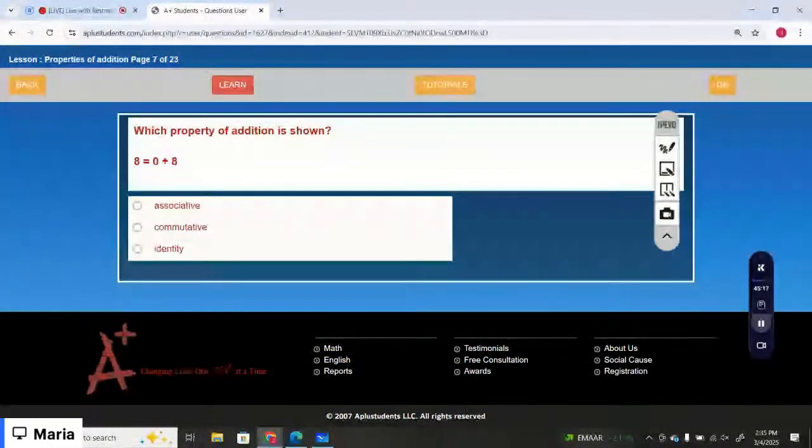Which is the correct option? That is identity property. Option number 3 is the correct option.